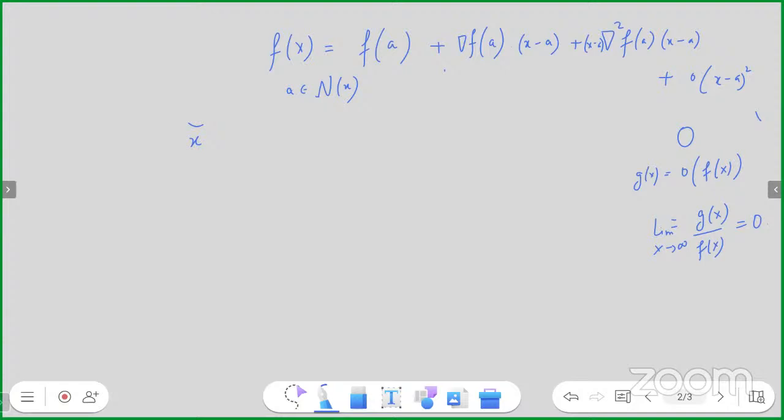But beyond that, from our first derivative if and only if condition, we know something when f is convex.